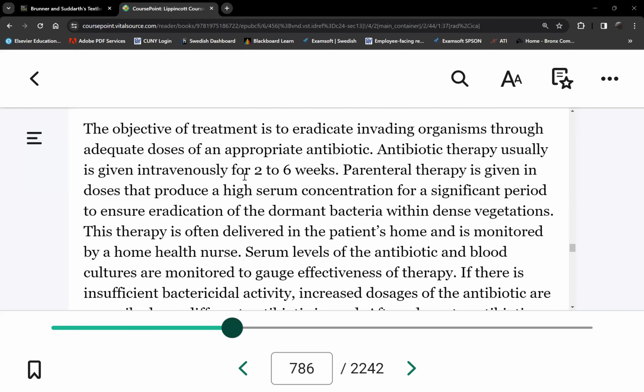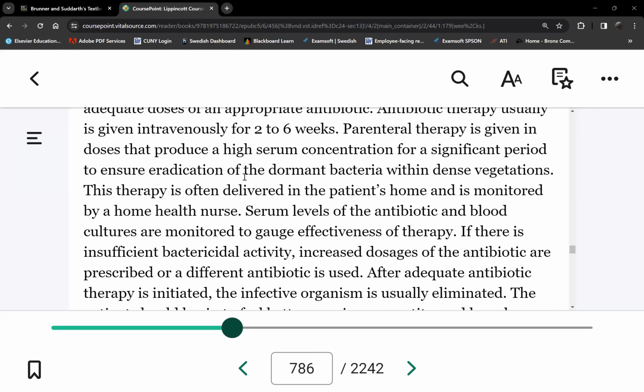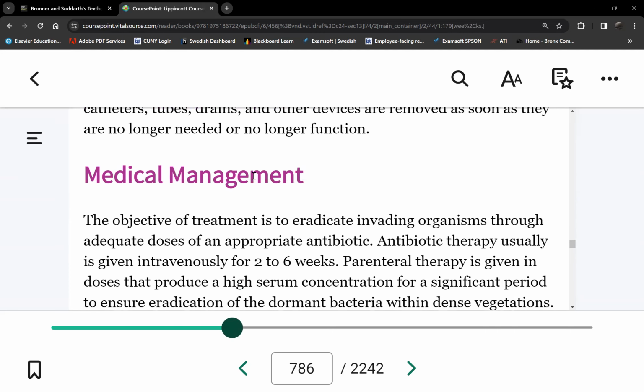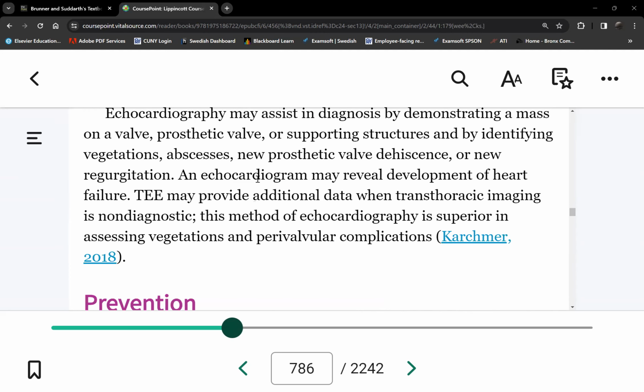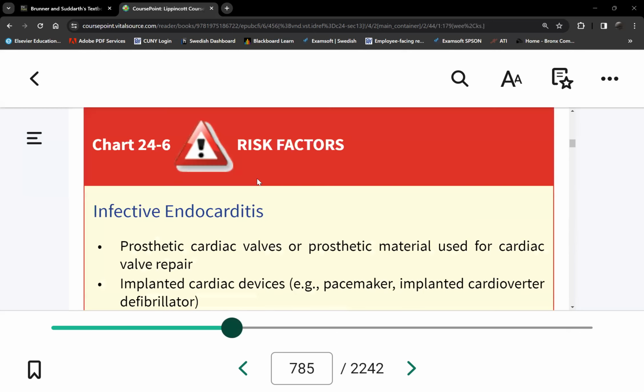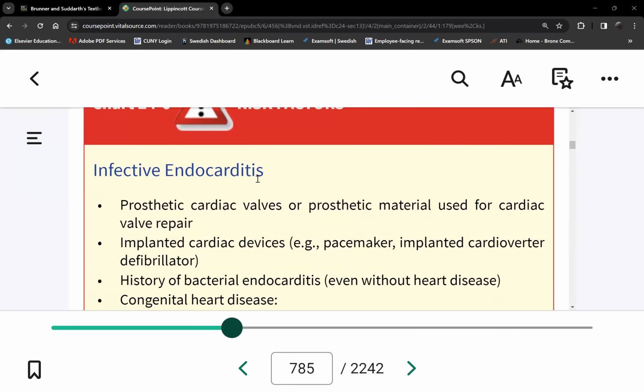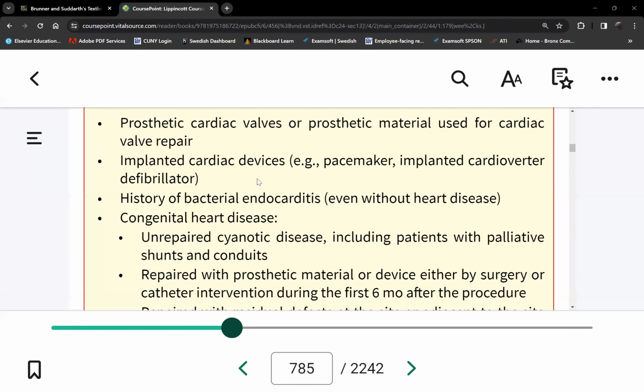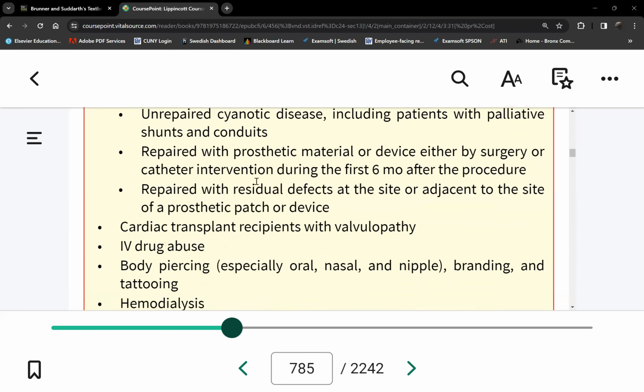Now, you'll see 2 different scenarios here, depending on which hospital you're at. Who are these patients likely to be? I mean, who is likely to be admitted for endocarditis? IV drug users, right? So therefore, are you going to trust these people to go home with a central line? That's the number one concern, correct?